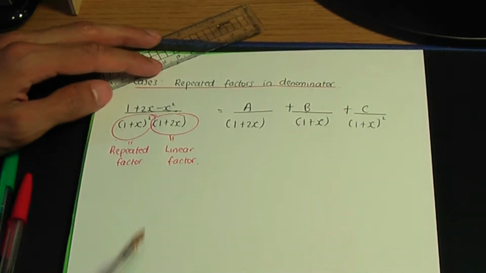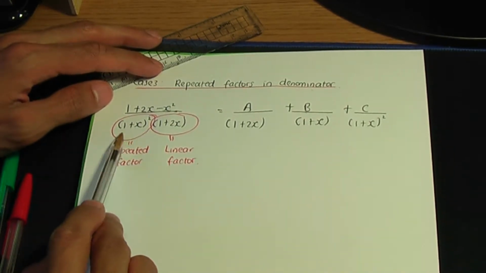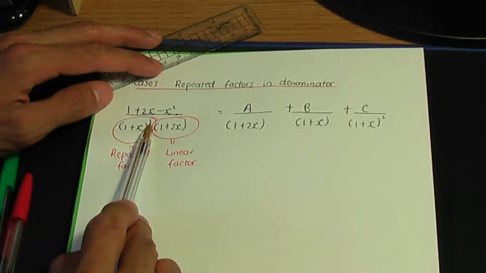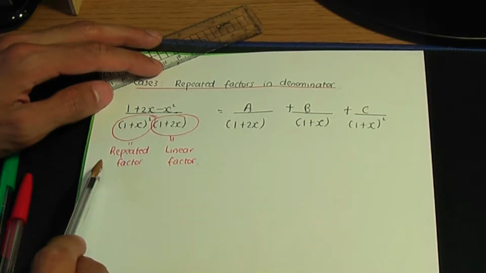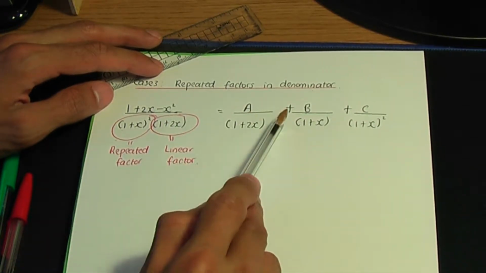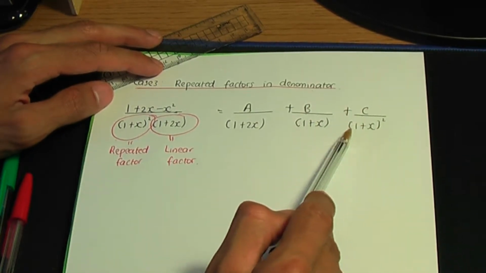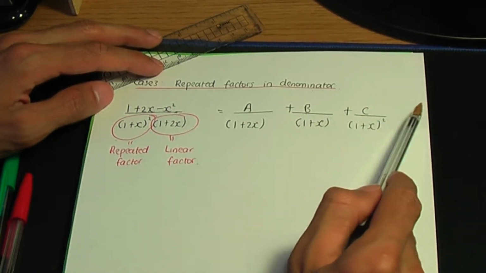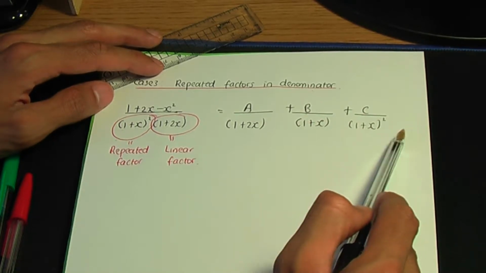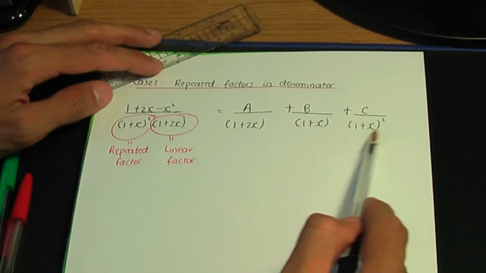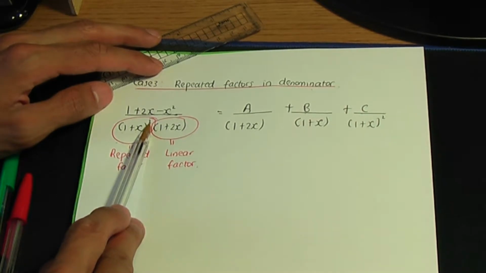Supposing this power was a 3, then you would write this as a divided by your linear factor, plus b divided by one of them, plus c divided by (1 plus x) squared, plus d divided by (1 plus x) cubed. So you continue until you reach the power term that you have here.